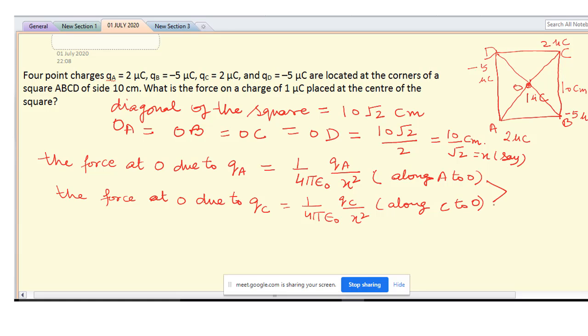Therefore, the net force is equal to 0. Clear?